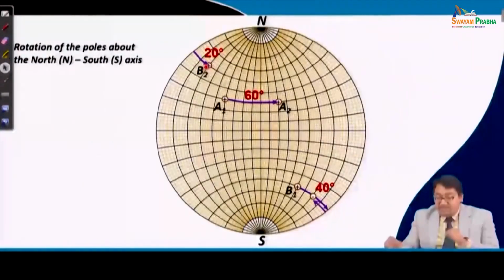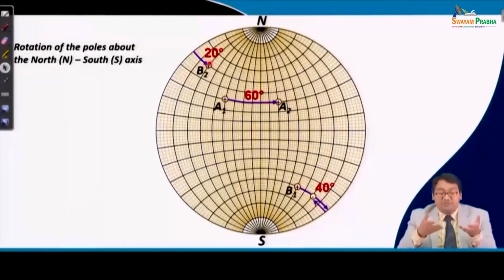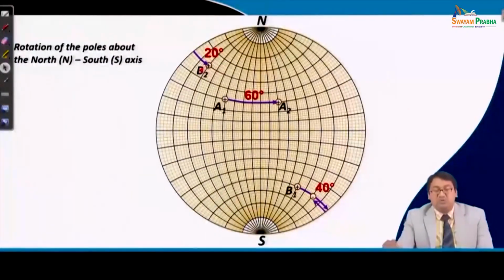On the other hand, if we protrude the opposite pole of B2, it will be protruded exactly opposite of it, because it will pass through the center of the sphere and protrude out somewhere here. So, I have shown it by the minus sign.